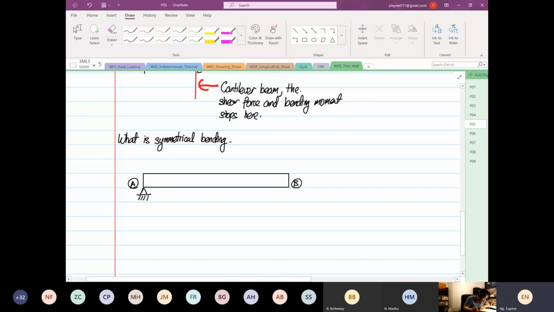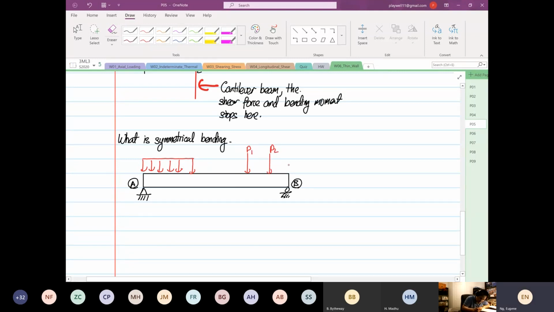So if we have a structure now like this, this is point A, and this is my point B. Now the structure is loaded with different loads. We have another P1 here, another P2 here.